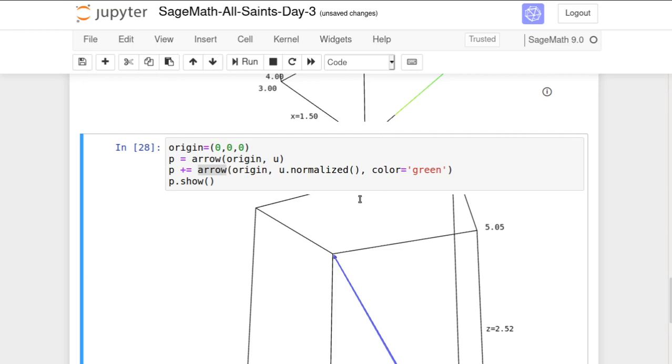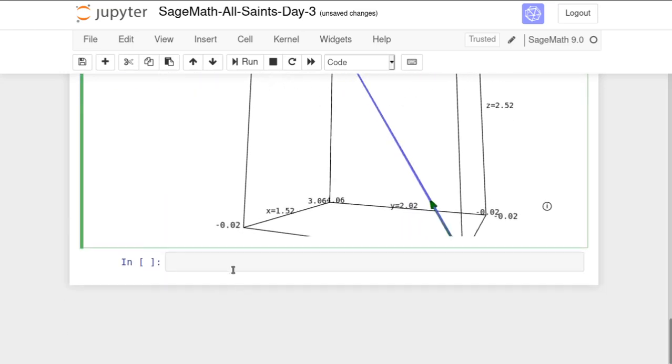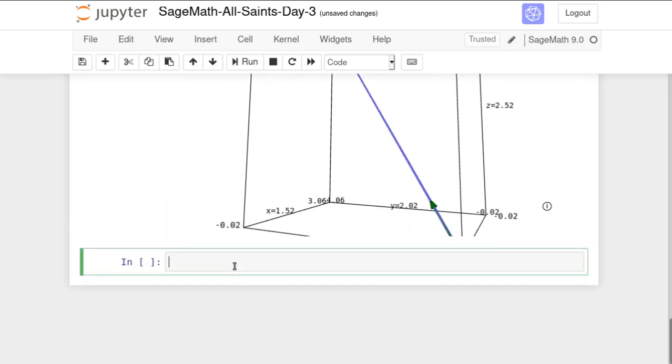Now, one more thing I will try to explain: plotting parametric equations and vector equations in this space. Suppose I define r of t equal to the vector cos t, sin t, and t.